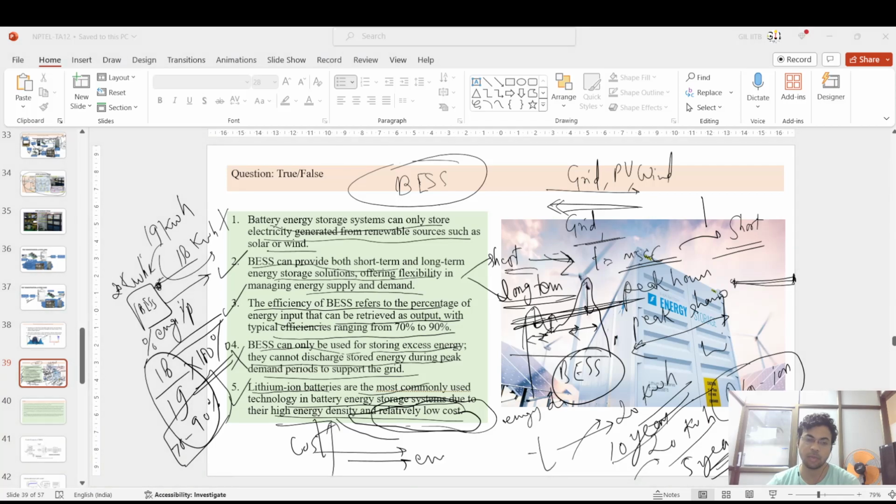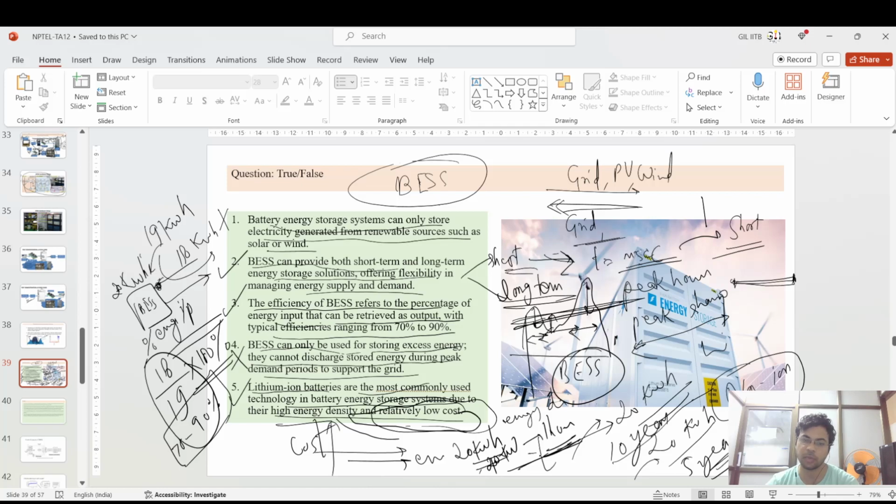Also, don't compare energy density with C rate. C rate is a different concept. Suppose you have a 20 kilowatt hour battery and you want to utilize it in one go, in 1 hour. Then you have to give 20 kilowatt for 1 hour to charge this battery.